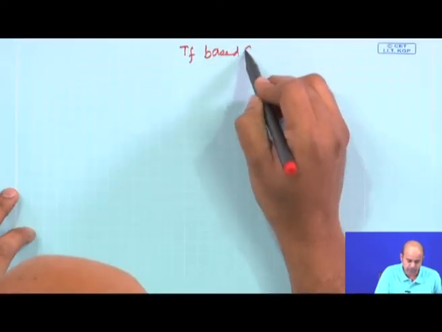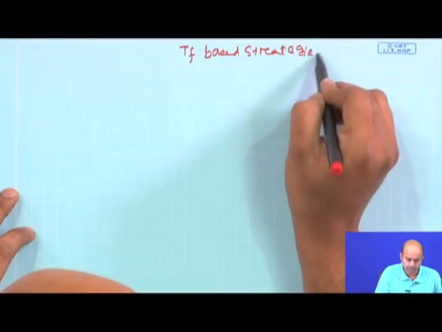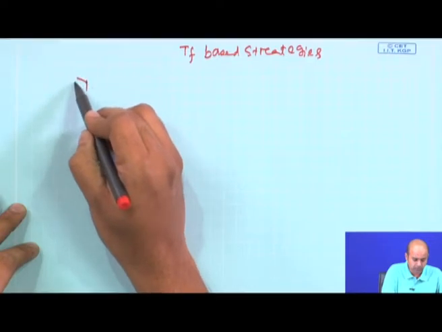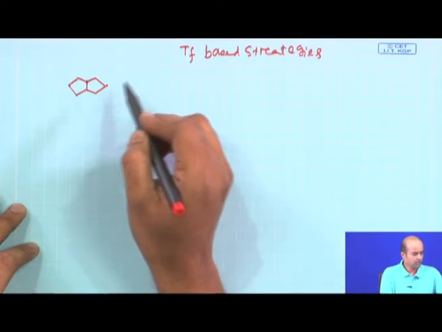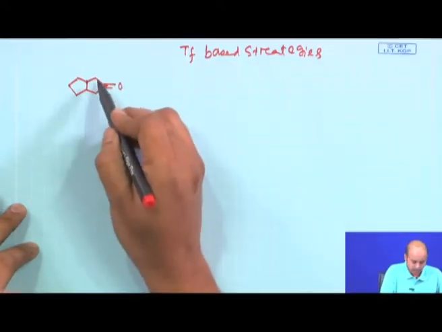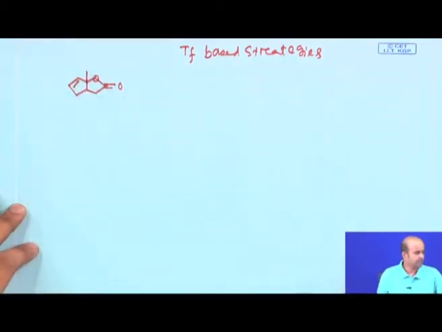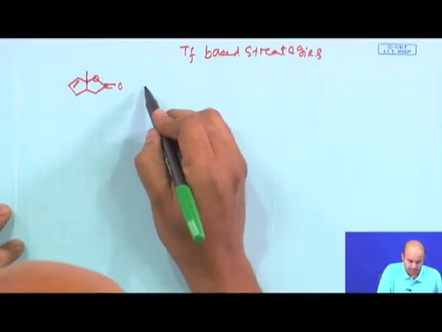So, next we will be talking about some useful strategies which are also very important. We first draw the target molecule which needs to be synthesized. The target molecule has a structure something like this, and let us say I will give you the starting material also.